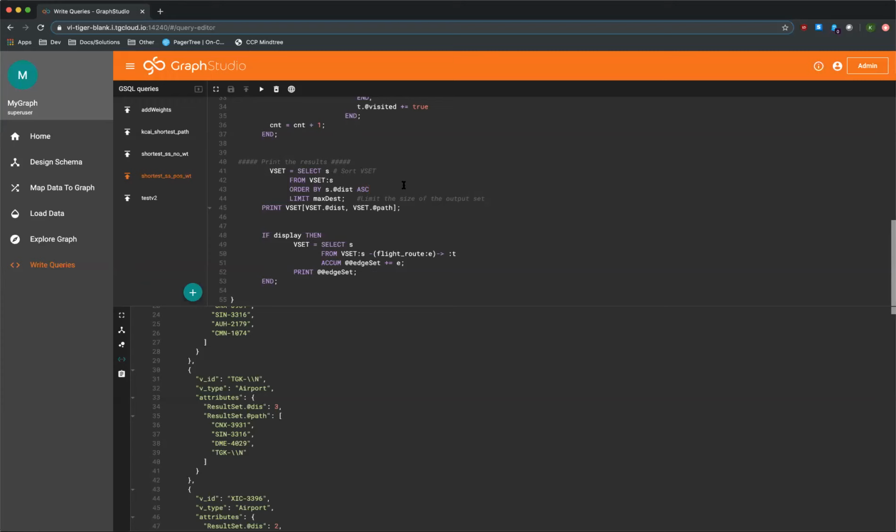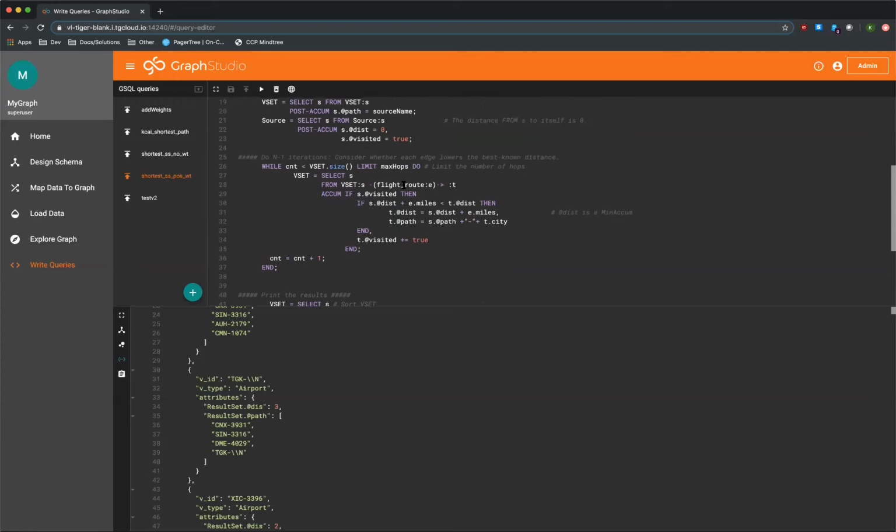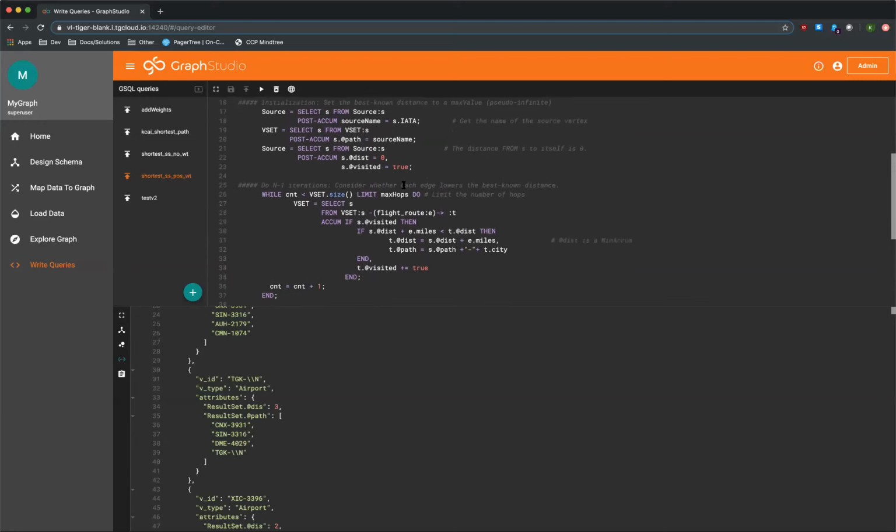The max hops is used a little bit higher. We have a while loop. If I put a really big number here, this algorithm does n-1 iterations, where n is the number of vertices. But realistically, I don't want to take an airline route that's more than, say, 4 or 5 connections at the most. So I don't really need to search beyond 4 or 5.